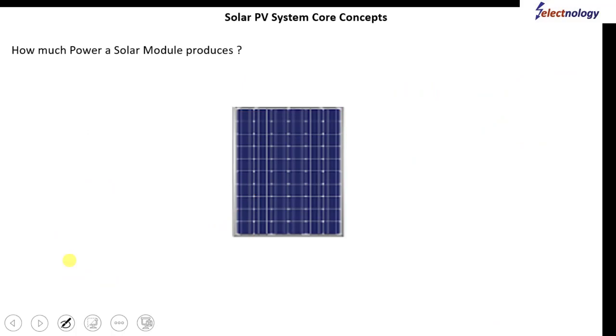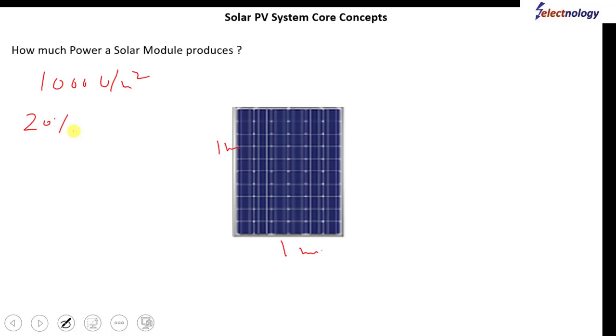We said that 1000 watt per meter square of sun energy is being received. Now if the area of the PV module is 1 meter by 1 meter, and the module efficiency is also stated by the manufacturer, nowadays roughly around 20%. What does this mean?